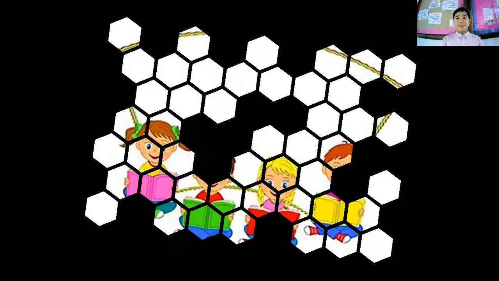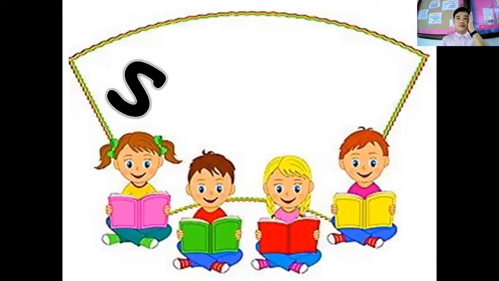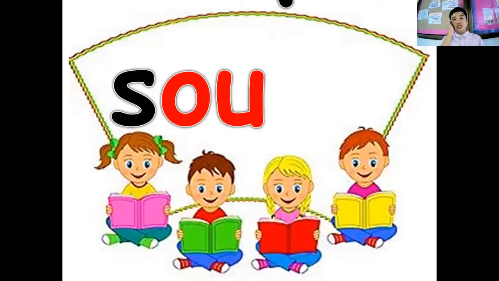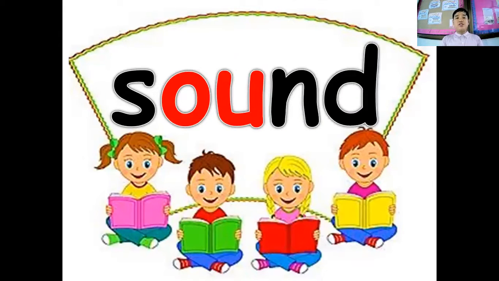Another one, sound. Now, sound will be read one by one. Sound starts with letter S. So what is the sound of S? S, plus ow, plus n, plus d.